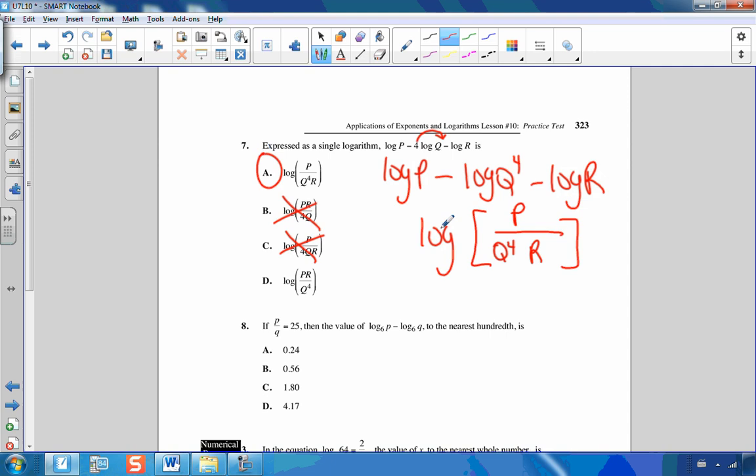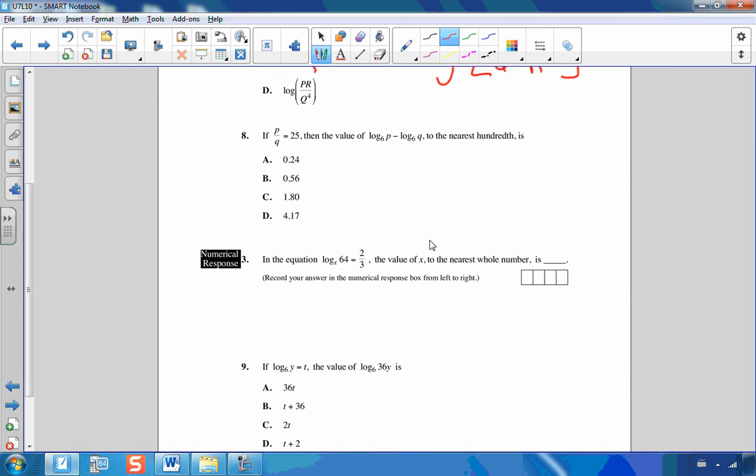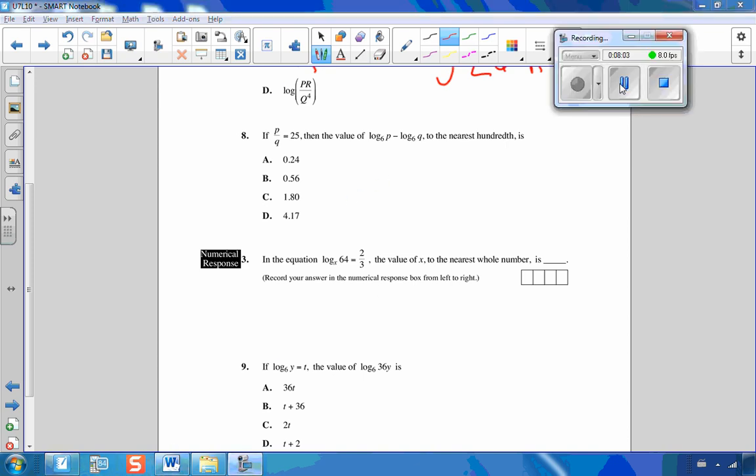Okay. Let's look at number 8. So p over q equals 25. What's the value of log base 6 of p minus log base 6 of q? Okay, so I'm going to look at these logs here, which are subtracted, and I'm going to combine them by division. So log base 6 of p over q.